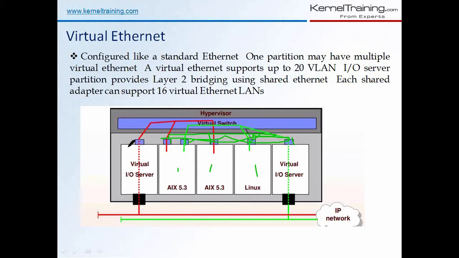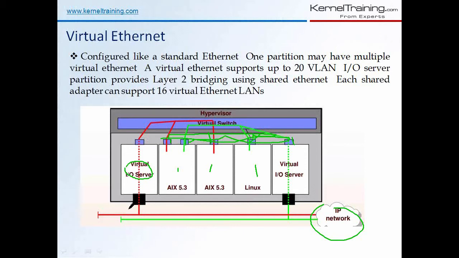That's why the point here is that the IO server partition provides layer 2 bridging using the shared Ethernet adapter. Each shared adapter can support 16 virtual Ethernet. This is my IP network, this is my physical network, this is my virtual IO server. A mediator is required, and that mediator is called the virtual IO server, or in short, the VIO server.